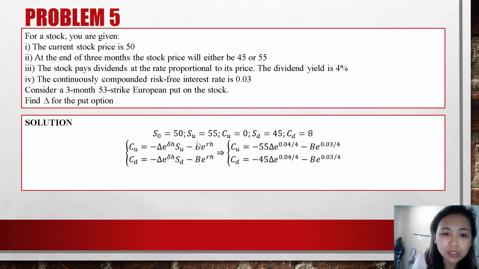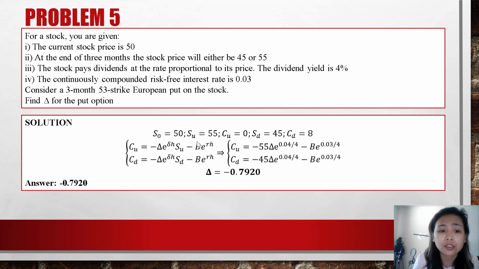So C_U is minus delta e to the delta h S_U minus B e to the rh. C_D is minus delta e to the delta h S_D minus B e to the rh. And then just plug the numbers in. I have delta is 0.04 and h is 1/4 because 3 months, and so on. So I have delta is negative 0.7920. So the answer here is negative 0.7920.